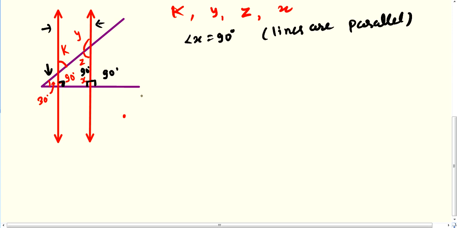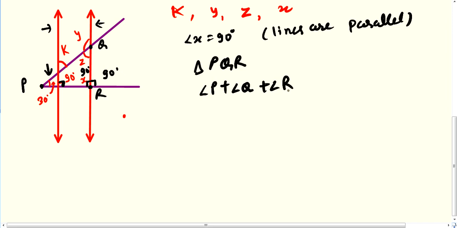Clear? Now as you can see in this line only, we are having a triangle here, this first, second and third point. I am naming them P, Q, R. So in triangle P, Q, R, angle P plus angle Q plus angle R equals 180 degrees.